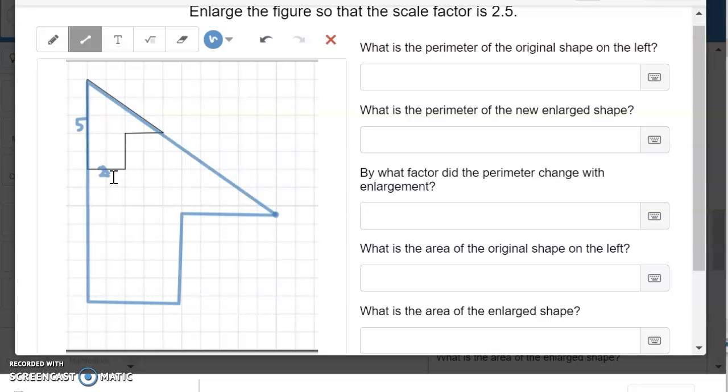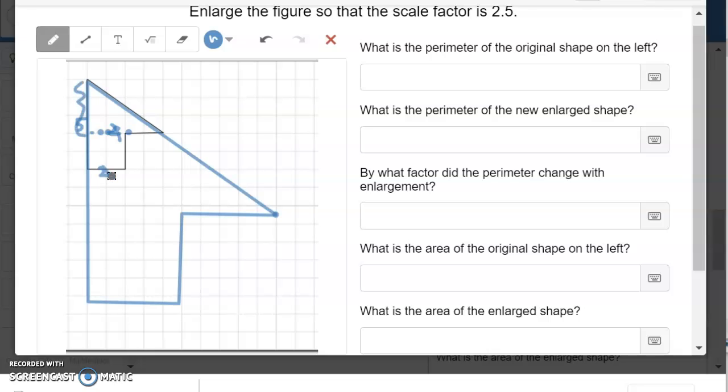Now, what is the perimeter of the original shape on the left? I have 5 here. 5 plus 2 is 7, 7 plus 2 is 9. What is this length, the diagonal? How do I figure that out? To do that, I need to use the Pythagorean theorem. The length here is going to be 4, and this length is 3.